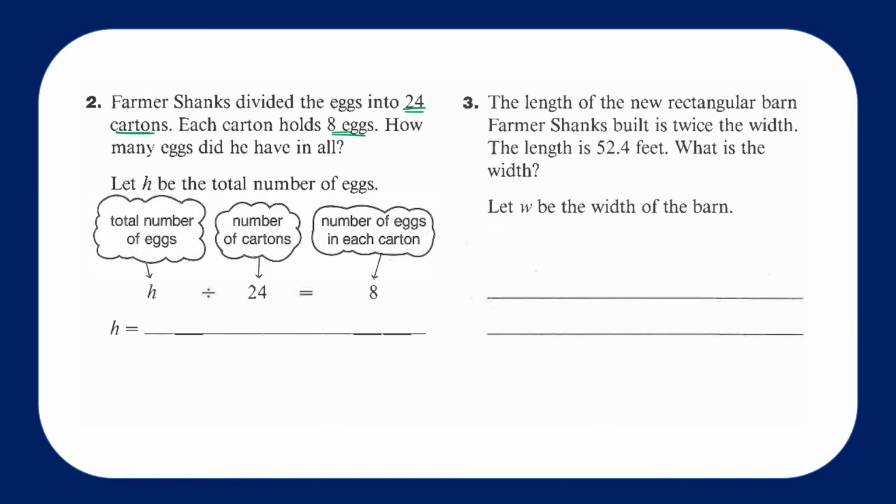So we have a bunch of eggs. We don't know how many, okay? And we're going to divide them into groups of 8 eggs, because that's how many eggs fit into a carton. And we know we're going to get 24 cartons.